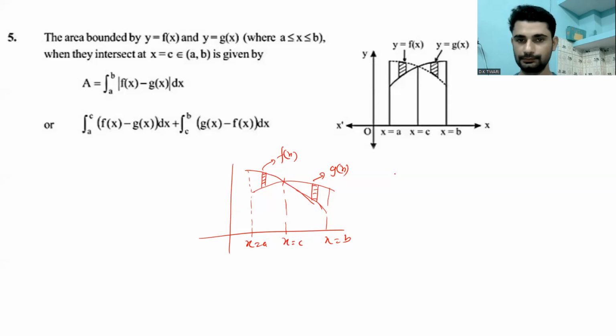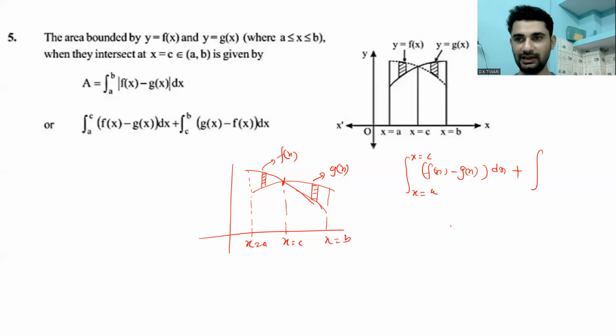Let's see how. From x equal to A to x equal to C, this graph is f(x) minus g(x) dx, because f(x) is at higher values and g(x) is at lower values, plus, without taking the mod value, but taking the function value.